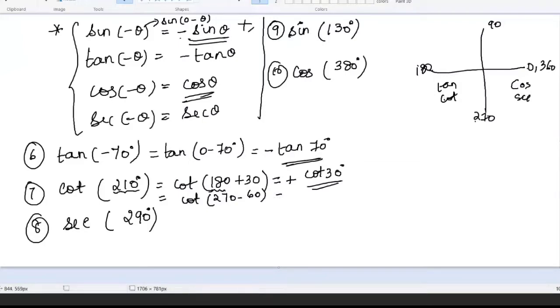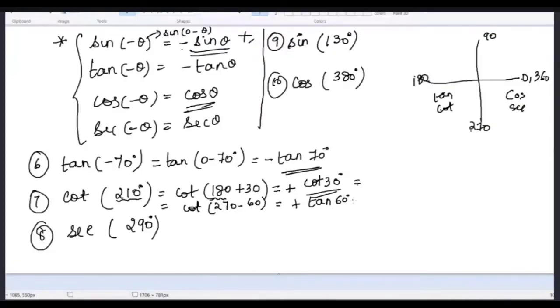Since 270 minus lies in the third quadrant, the sign is plus. 270 is lying on the standing line, so change to cofunction. Therefore it becomes tan 60. Now come to the value. Tan 60 is root 3, and cot 30 is also root 3. So here we are getting the same answer.